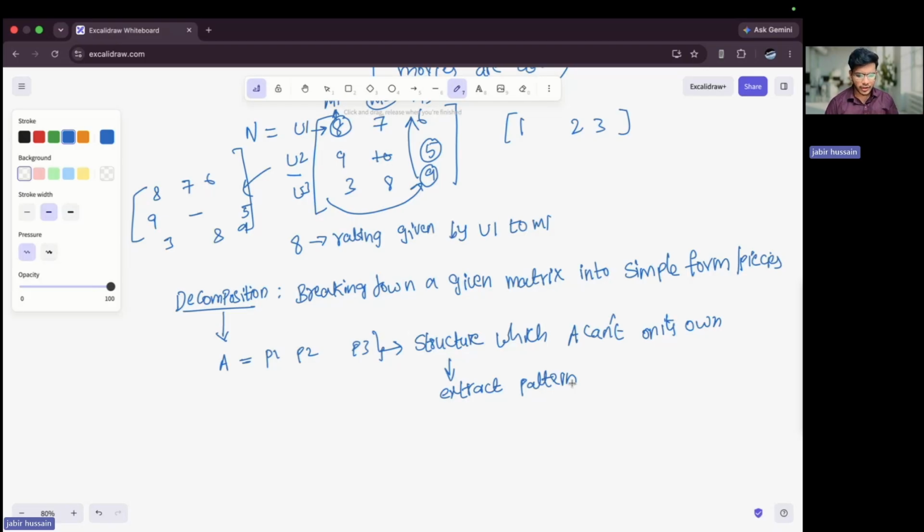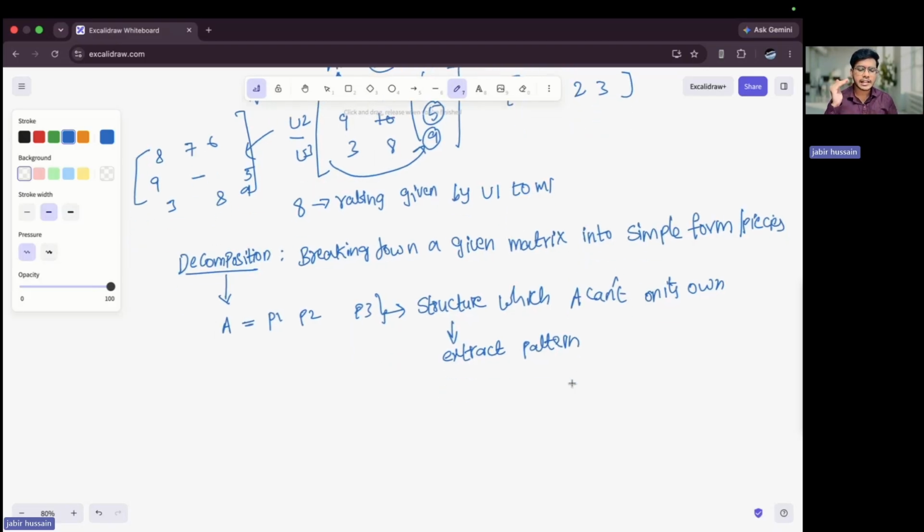So here we are trying to understand each and everything. First of all, we have understood the definition of a matrix. Now decomposition is nothing but, let's say you have a huge matrix, you break it down into pieces, and these pieces are important. Why? Because the pieces have some structure, and the structure gives us something that the original matrix can't.